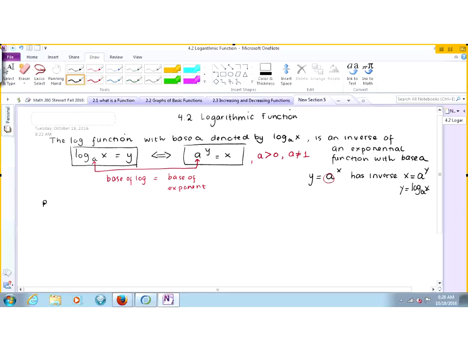So what we want to do is rewrite logs as exponent. All right. Number 1. Log base 5 of 125 is equal to 3. And then log base 4 of 1 over 16 is equal to negative 2.